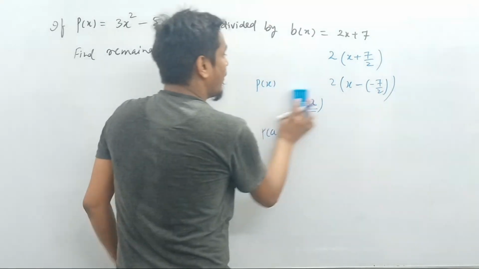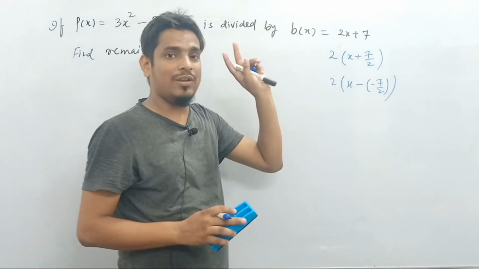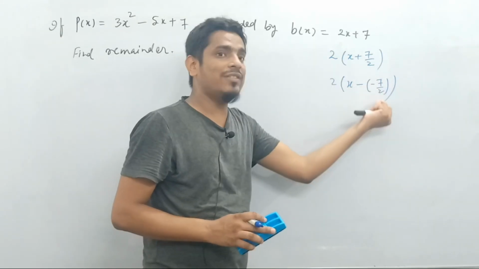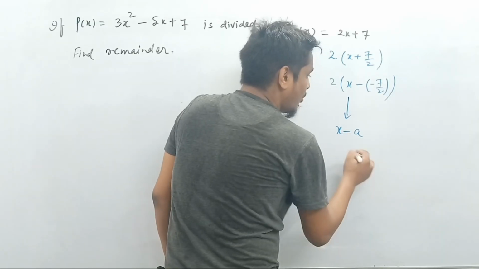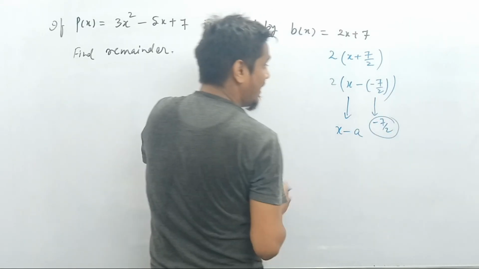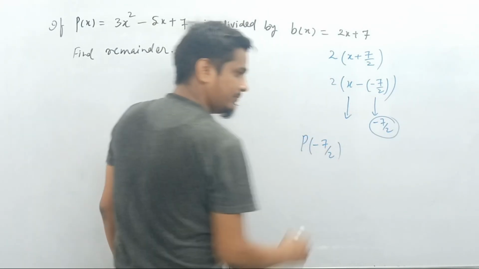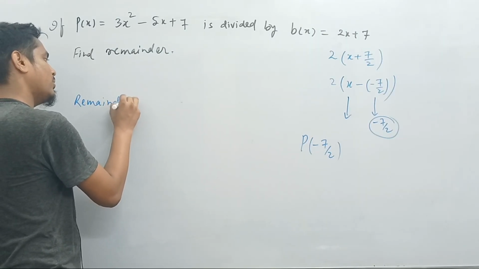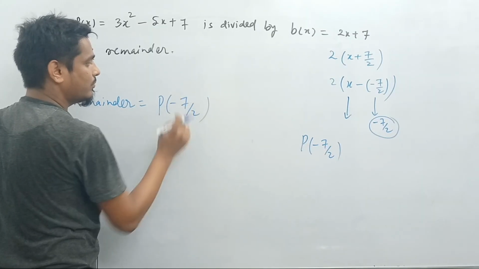So dividing p(x) by 2x plus 7 means we are dividing it by 2 times x minus negative 7 by 2. Now this is in the format x minus a. So what is a over here? a is negative 7 over 2. So the remainder in this case is going to be p of negative 7 by 2.